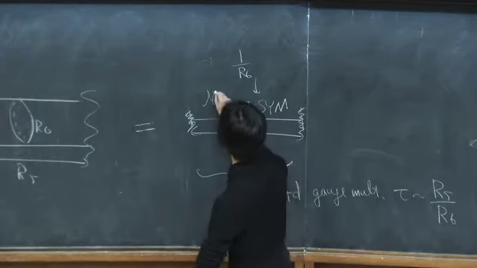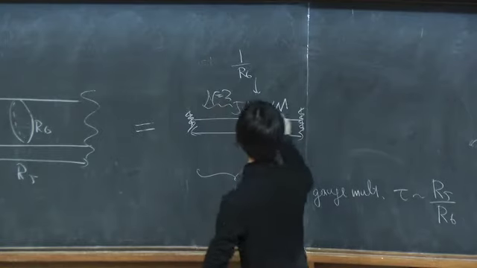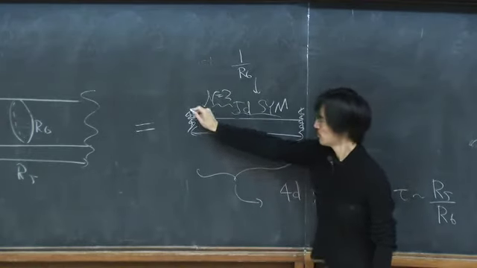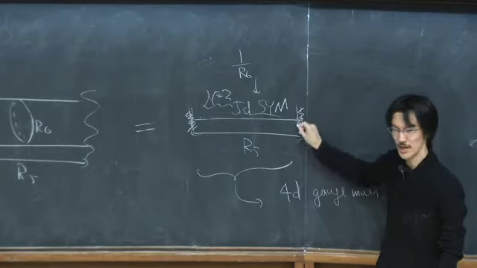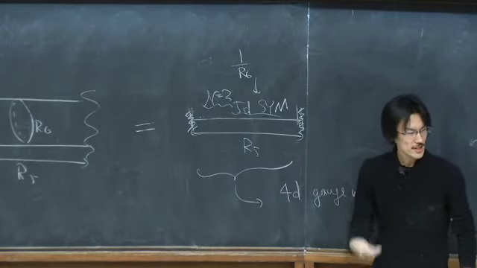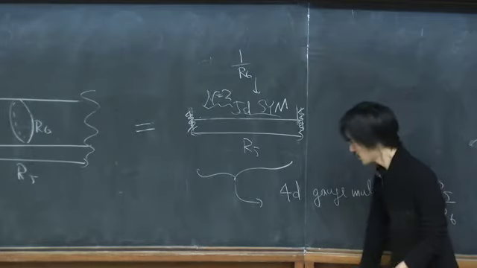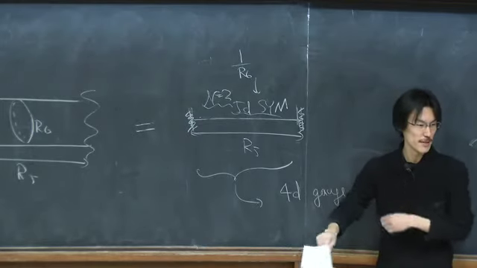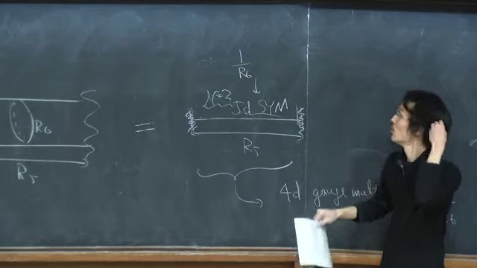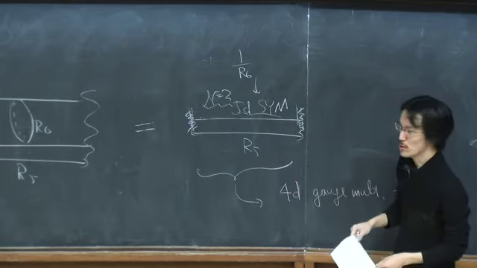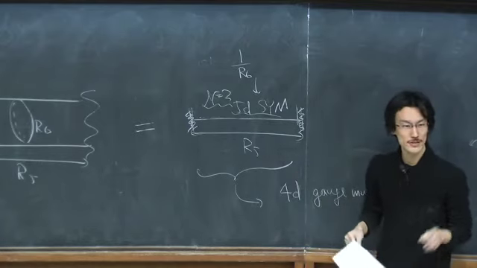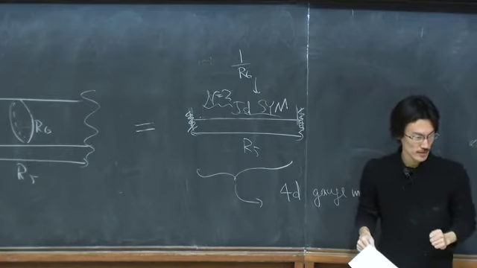Here you have this maximally supersymmetric 5D Yang-Mills on a segment, but you have something going on at the boundary. There can be many things going on at the boundary, but you cannot keep the full supersymmetry on this setup. At most, what you can do is to keep half of the supersymmetry.